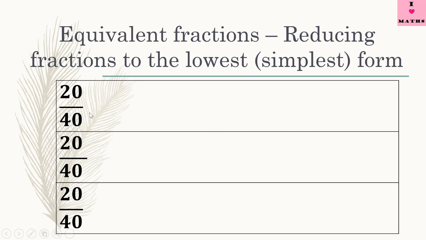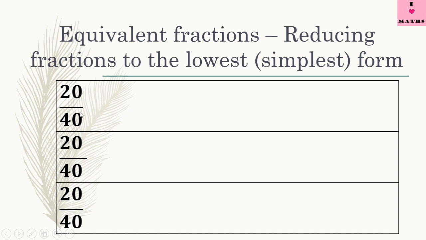Children, you must be remembering that I told you we can change a fraction into its equivalent fraction either by multiplying the numerator and denominator by the same number or by dividing the numerator and denominator by the same number.